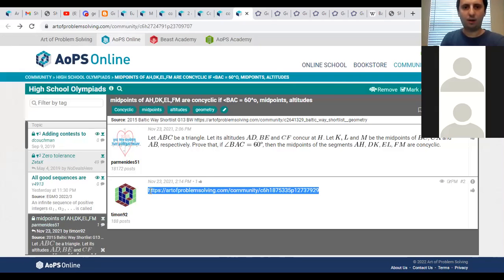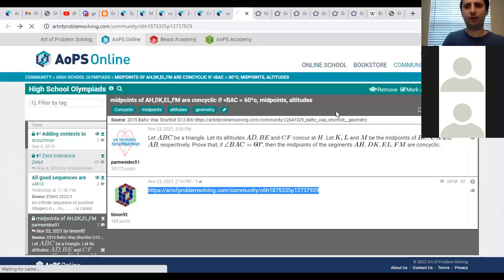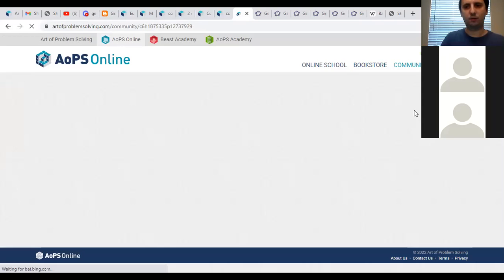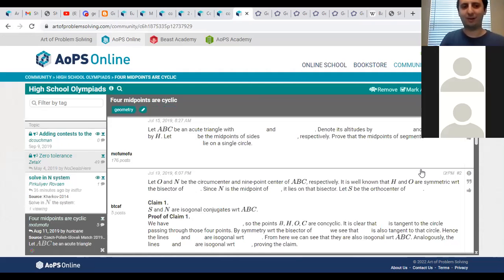Actually, I think they took this problem from another contest. So I'm going to go to the original page and cover it. Don't look at the solution because it's going to pop up. I should probably stop sharing my screen just so you guys don't see it.